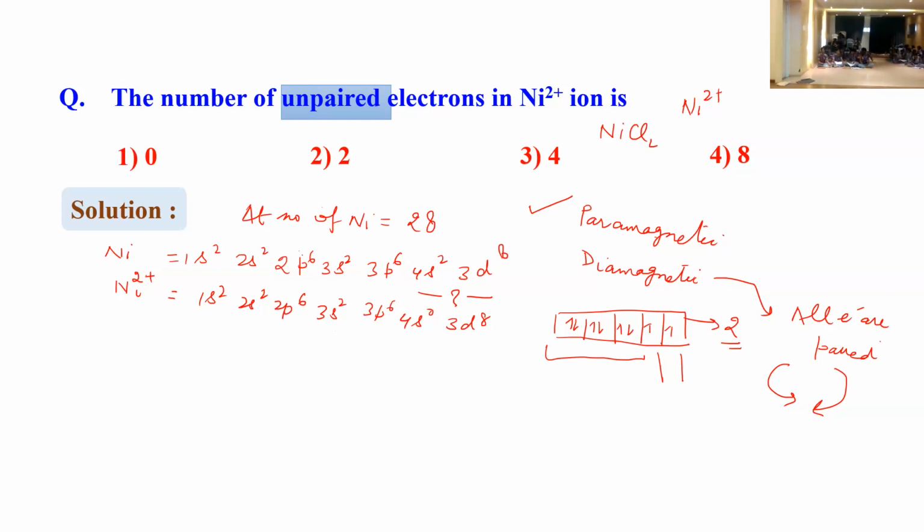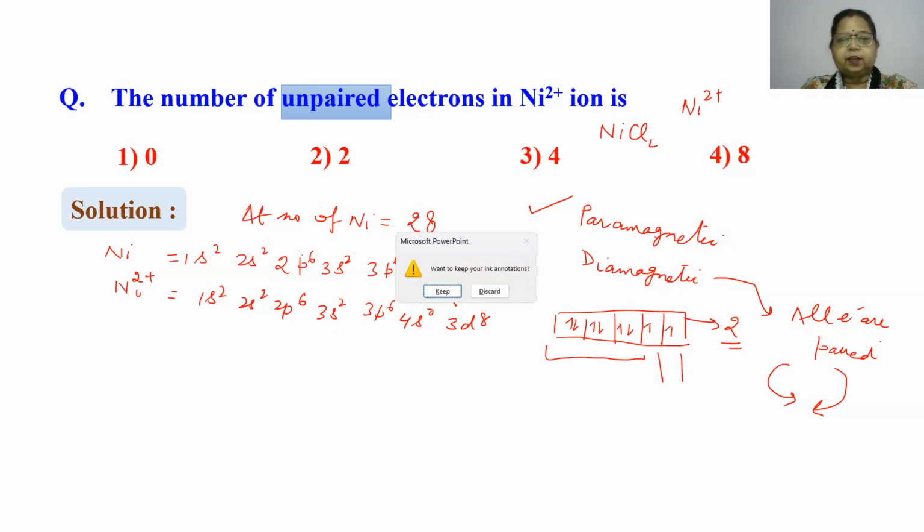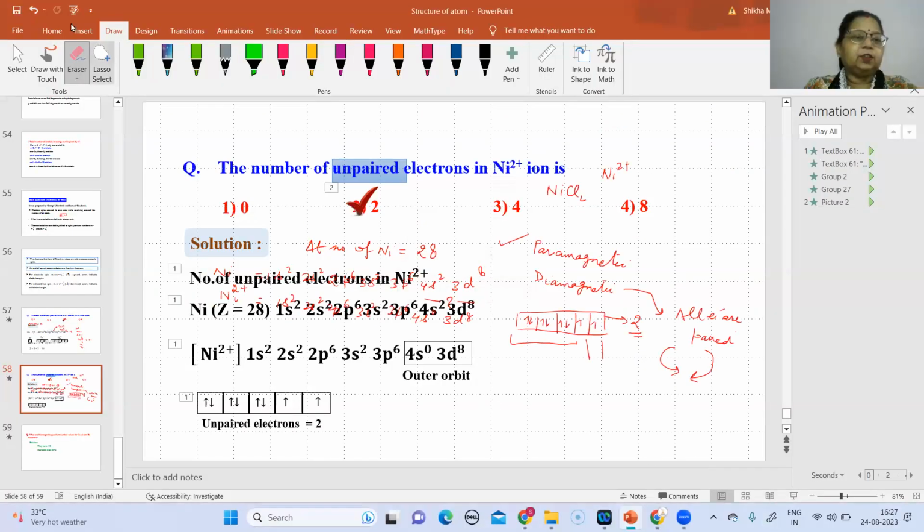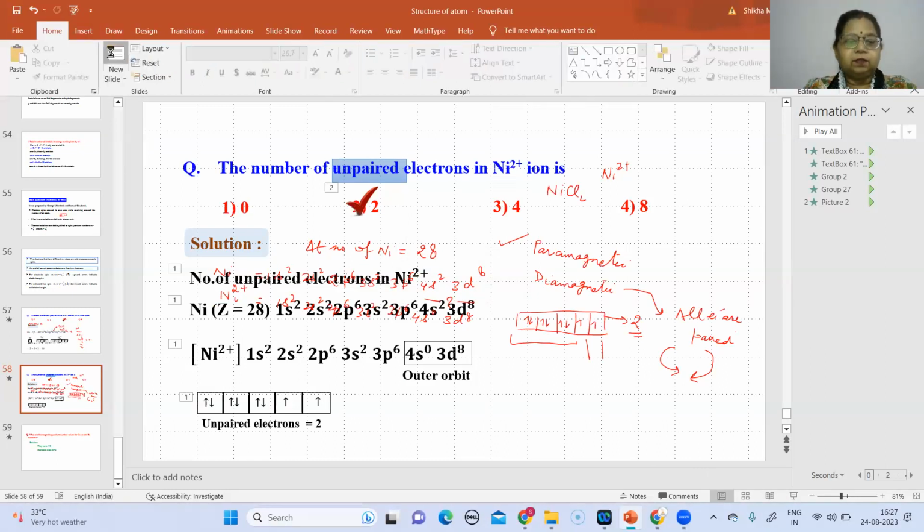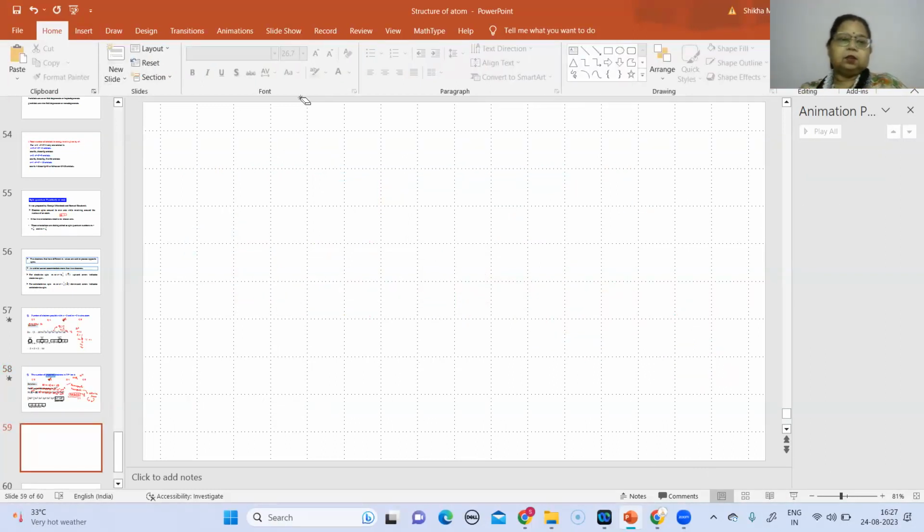Yes, ma'am. Okay, let's take the homework for the day. You will be writing all the quantum number values for the following atomic orbitals.